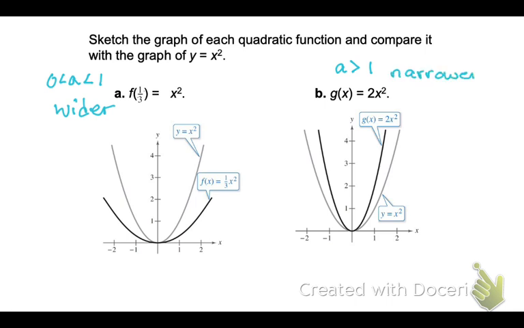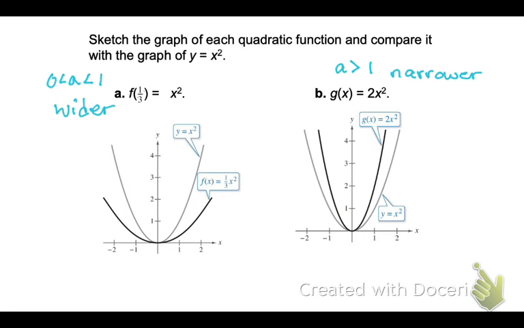Isn't that just the weirdest word? Narrower. Now, do you notice 1 is not included in either one of these, is it? No. Because 1 is the parent function, isn't it? If A is 1, it is the parent function, and that goes for anything. Parabolas, absolute values, square roots, rational, trigonometric. If A is 1, it's the parent function, correct?